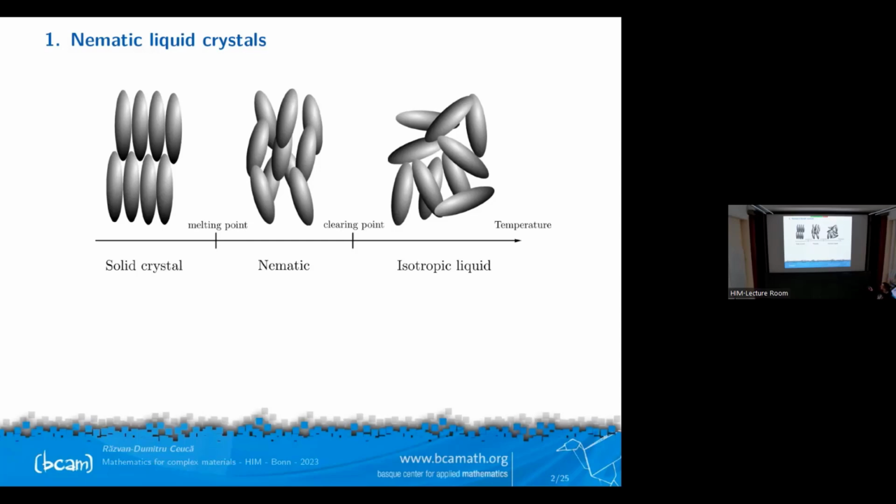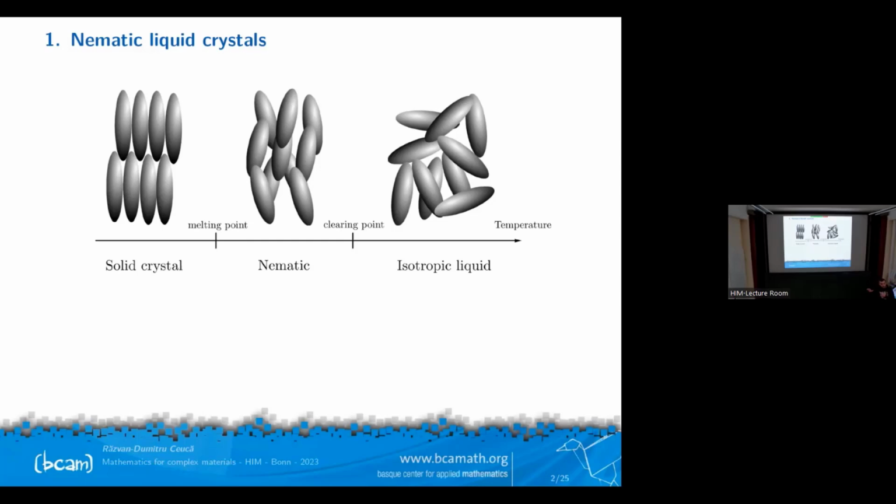Now, in the isotropic liquid state, we expect to have none of this. We have chaos, everything looks in every possible direction, everything moves. In the nematic state of matter, we still have no positional ordering, meaning that the particles can still translate freely, but we have some sort of orientational ordering. Locally, the particles tend to look in a preferred direction.